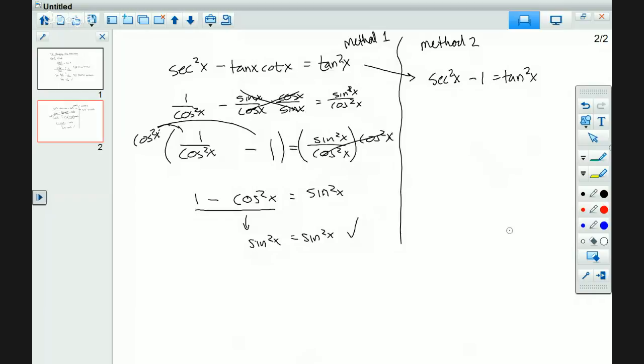Okay, so 2 ways to do this. You can add 1. Okay, frankly, that's the easy way. And now we're at an identity. You're good. And it was 3 steps.